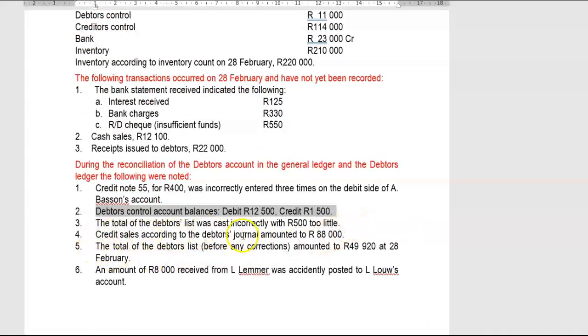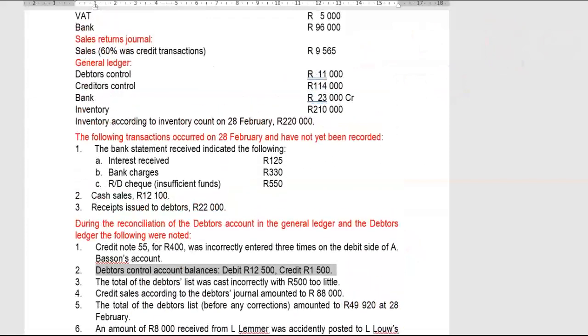Credit sales according to the debtors journal amounted to 88,000 Rand. The total of the debtors list before any corrections amounted to 49,920 at 28 February. Let's just check that 88,000.